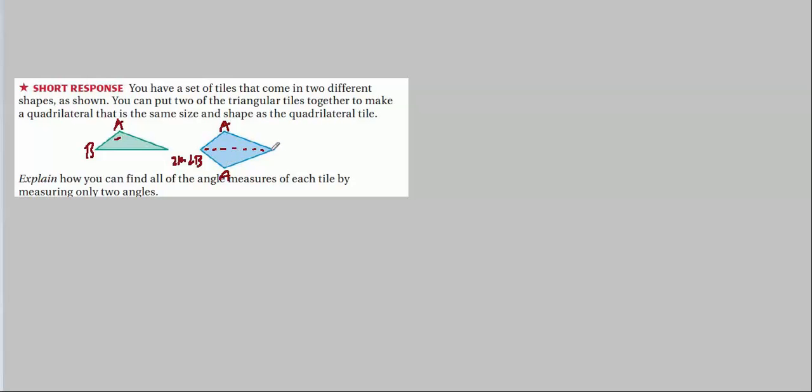And over here, whatever this angle turned out to be, it's 180 minus the measure of angle A plus the measure of angle B. That's what this angle here is. Let's just call that C, okay?